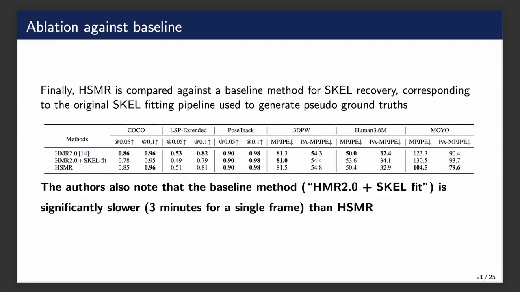At last, the authors gave a couple of ablation studies. The first one answers the question, why can't we simply regress the SMPL mesh using the HMR 2.0 and then fit the scale model parameters as described in the pseudo-label refinement process? They show that HSMR not only performs the same or better, but also note that the inference is significantly faster, taking 3 minutes less for each frame.